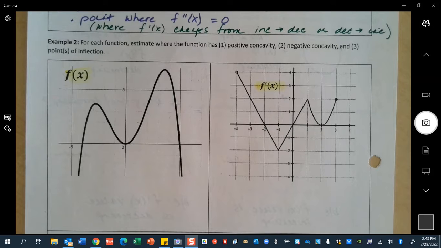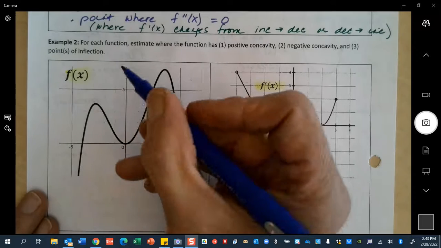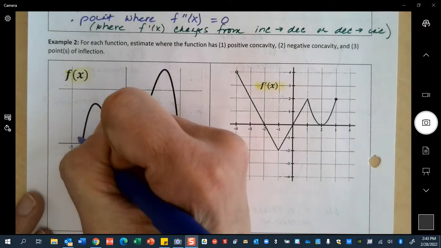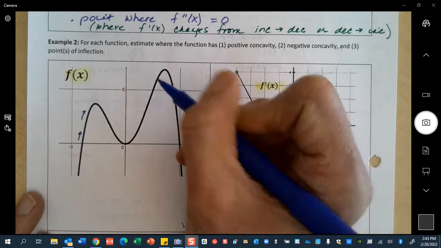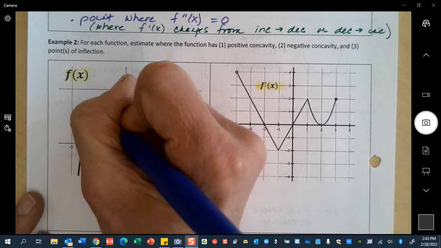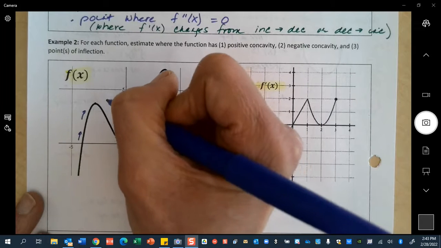All right, let's look at this first one. For each function, estimate where the function has positive concavity, negative concavity, and points of inflection. So if we talk about my derivative here, my slope of my tangent line is positive. My slope of my tangent line hits 0.